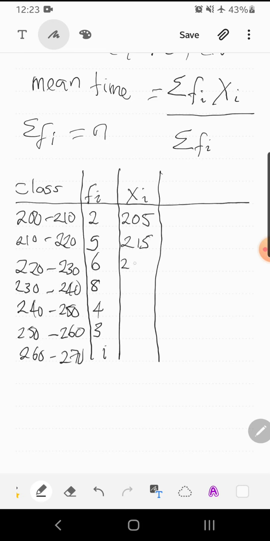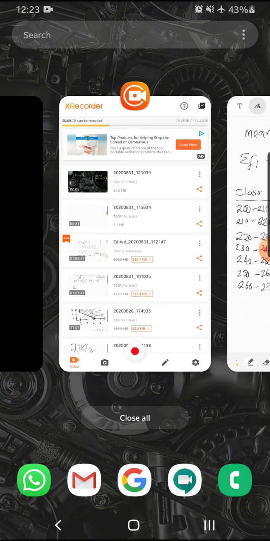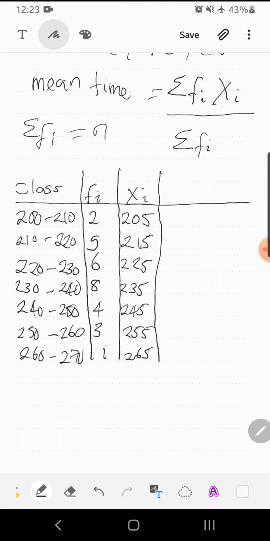So you do that, you get these values. Okay, so we can as well find the totals. For the frequencies, the total there is 29.